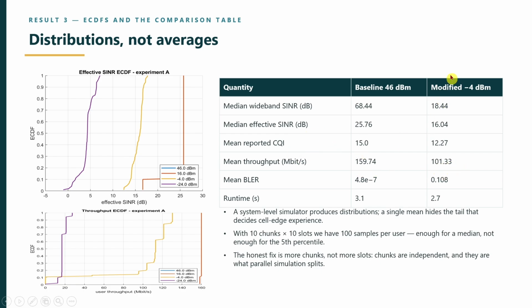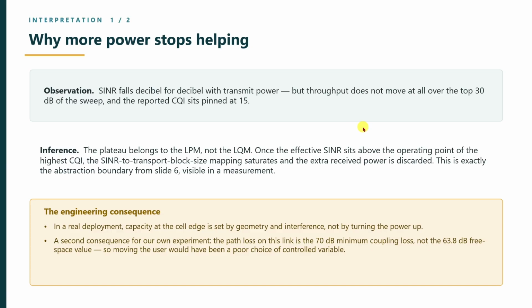The CQI level for the baseline 46 dBm is 15, and for the modified minus 4 dBm is 12.27.